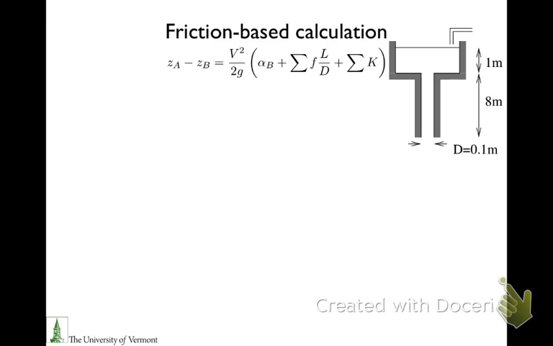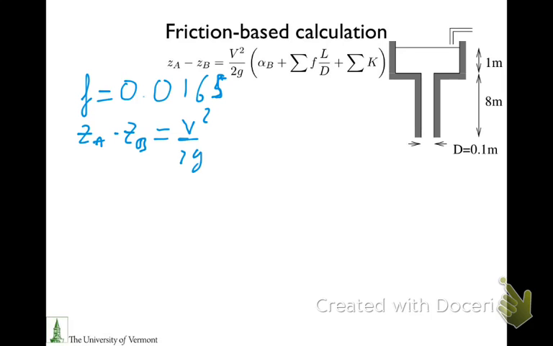So using f equal to 0.0165, now I have ZA minus ZB equal to V squared over 2g.